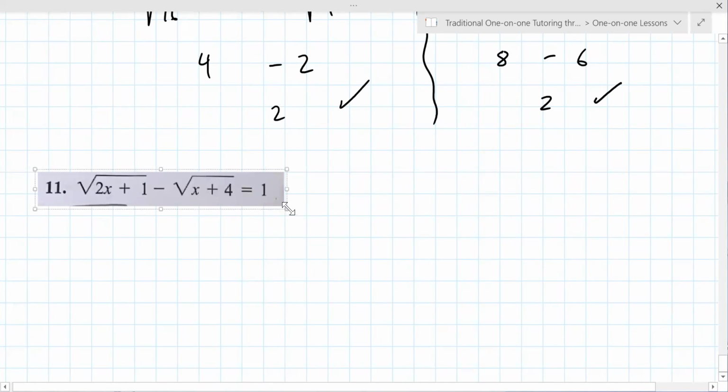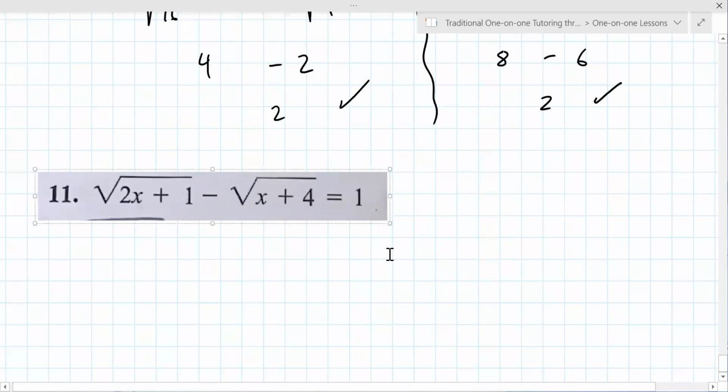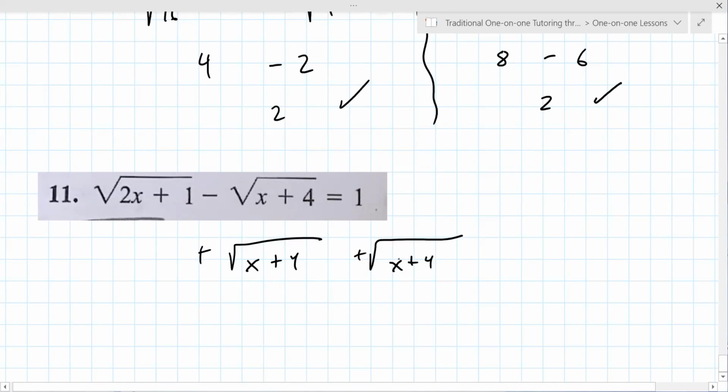Okay. So again, like you want to isolate a root, but there's 2 roots, so you can't isolate the root, but you can move the one that's negative over to the other side of the equation. But again, you cannot combine 1 and square root of x plus 4 because they're different. They're not like terms. Okay.